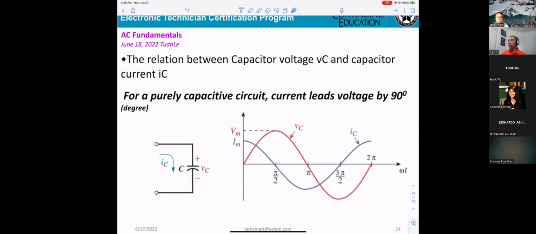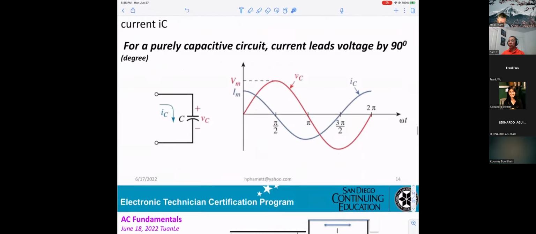When you're working in the lab, you have to deal with that. It means you say capacitor current leads capacitor voltage by 90 degrees. So this is the difference right here. If you get something that is not 90, then you have to do a calculation.